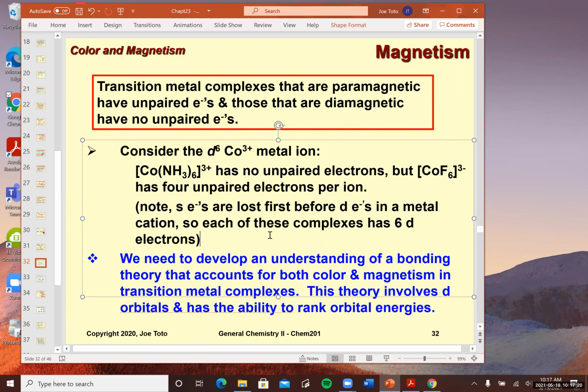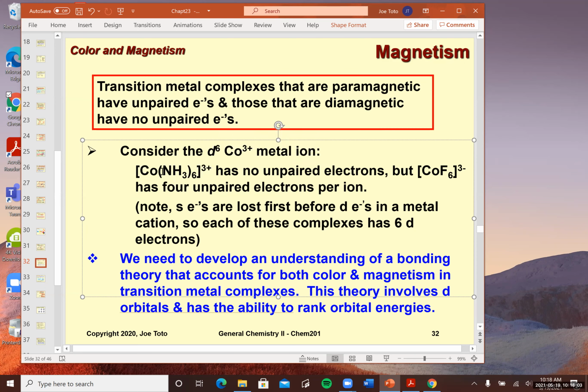The first thing you have to note, and be able to do not only for this system but other systems, is to calculate the number of d electrons on that metal ion in the complex. But before you can do that, you have to see what the charge is on the metal. So you have to be able to assign oxidation states.